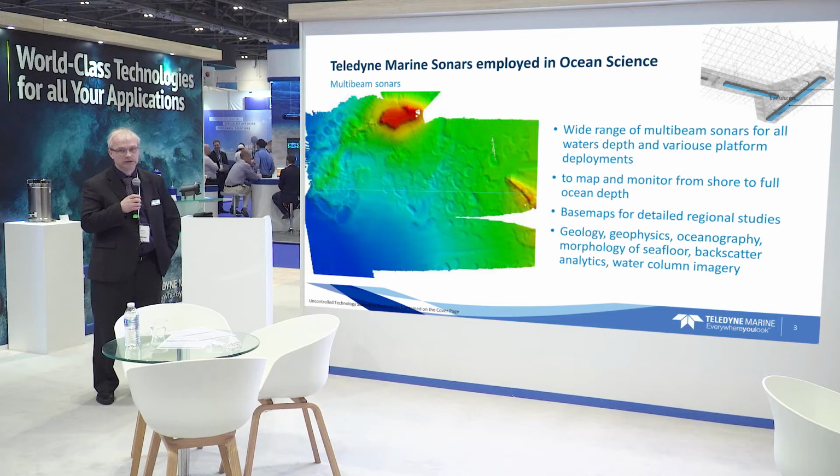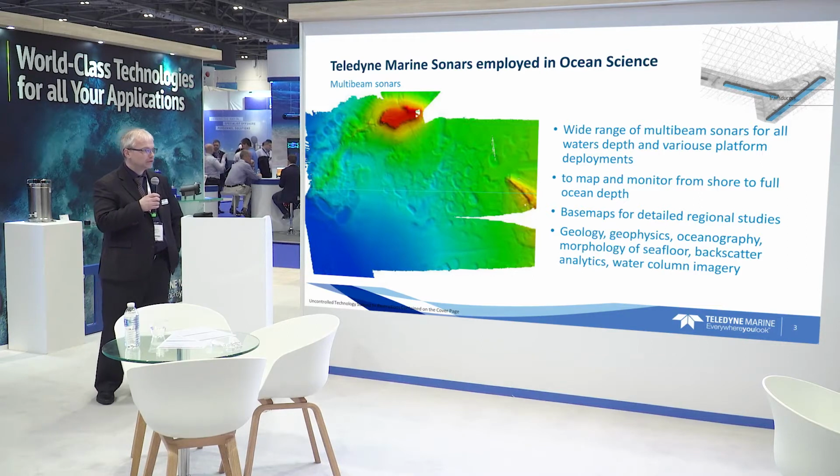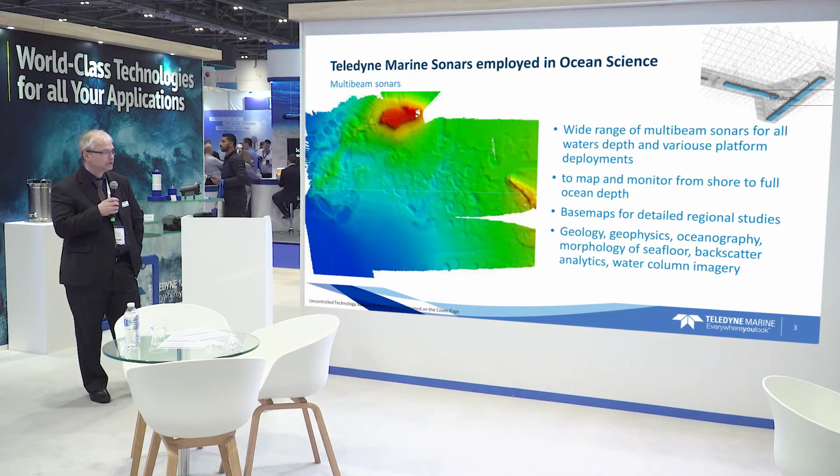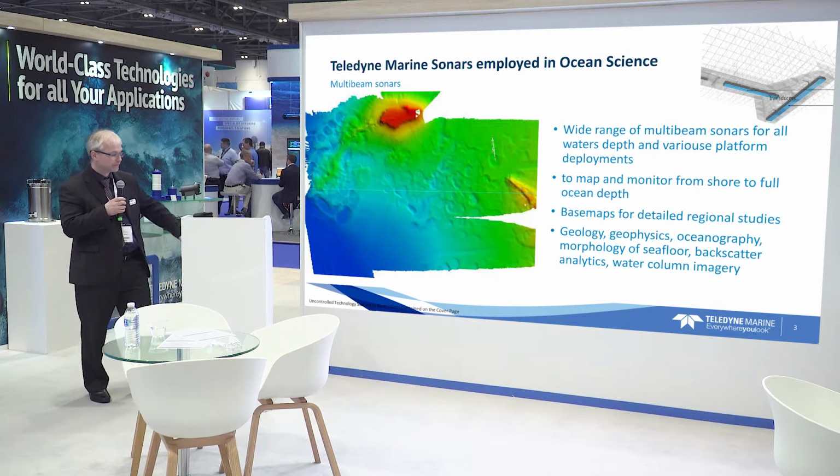In ocean science they are used to create base maps for all kinds of detailed regional and local studies. And they are, of course, used to derive geology information, morphology, geophysics, oceanography information, as well as backscatter analytics and water column imagery.